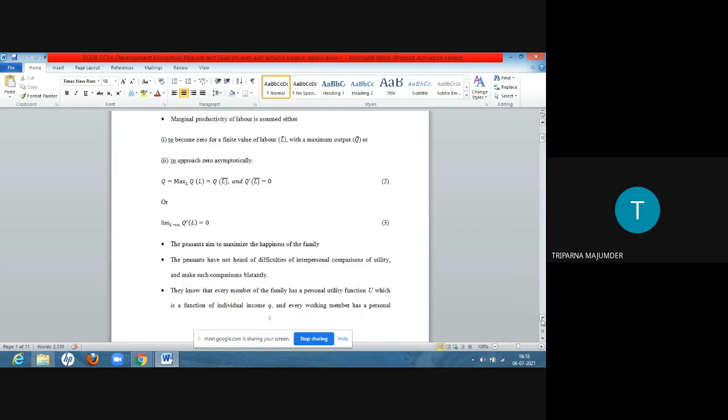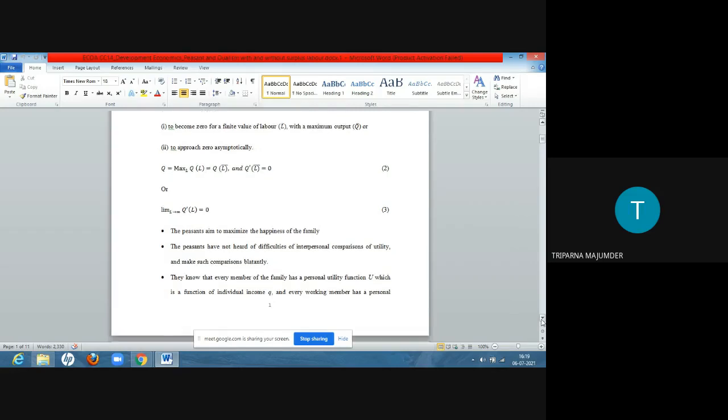Now, the peasants aim to maximize the happiness of the family. The peasants have not heard of the difficulties of interpersonal comparisons of utility and make such comparisons blatantly.